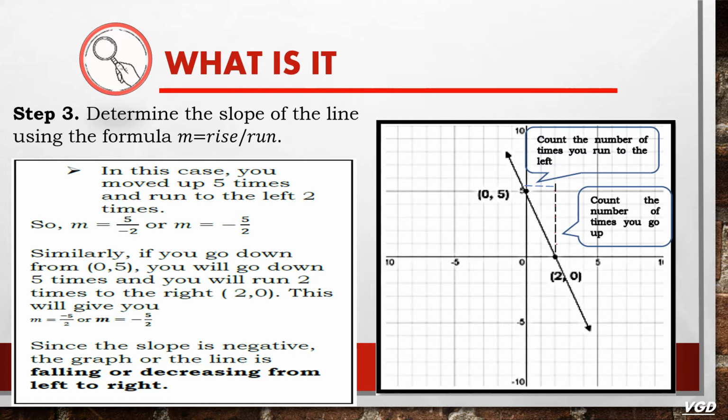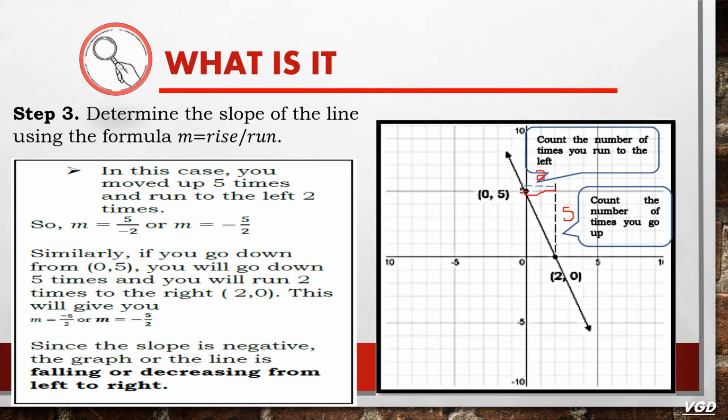And this time, we have to count the number of times we are going left, since we are heading to the point 0, 5. So we count from here 1, 2. So therefore, based on our counting, we were able to have the rise as 5 and our run is 2.